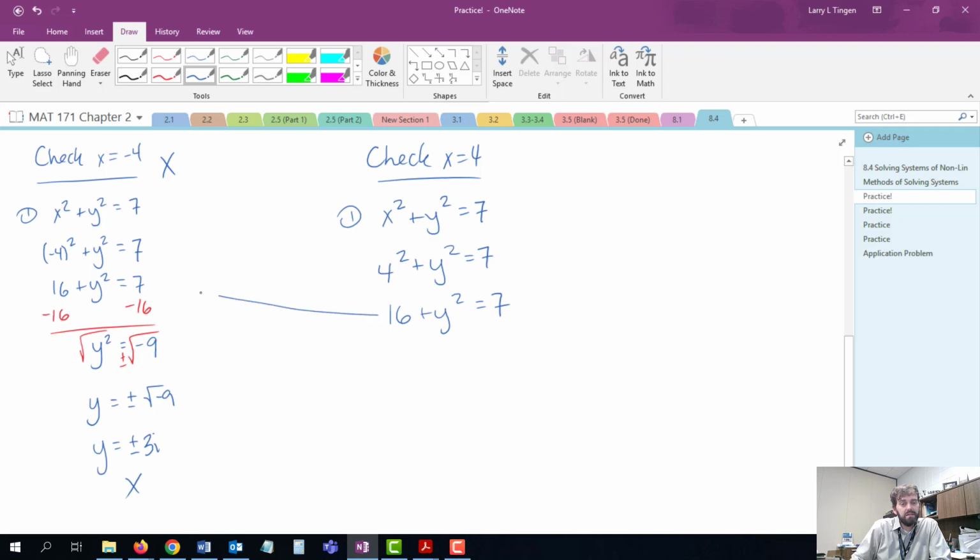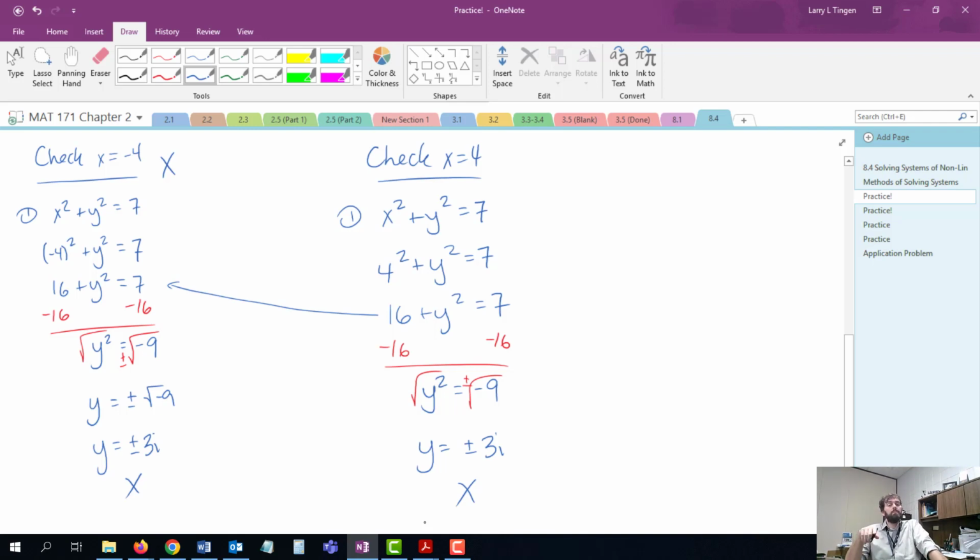And this is the exact same as the step before. I want to get y by itself. Y squared is equal to negative 9. Take the square root of both sides, but I have to do the positive and negative, which means y is equal to positive and negative 3i, which leads me to solutions that I don't want.